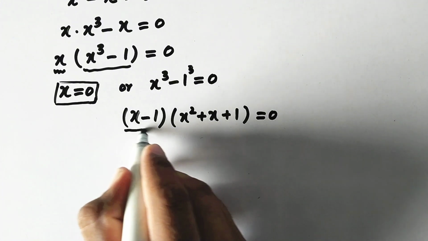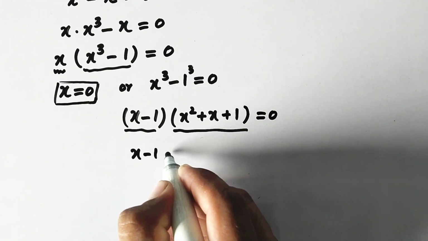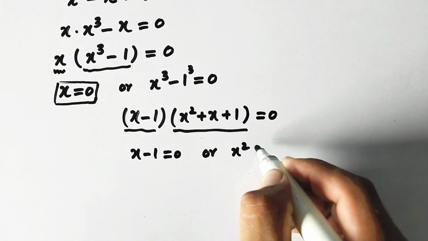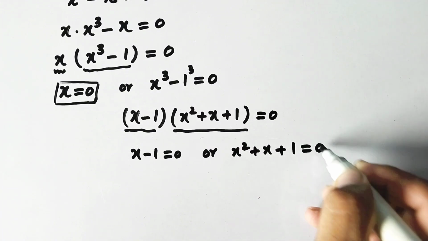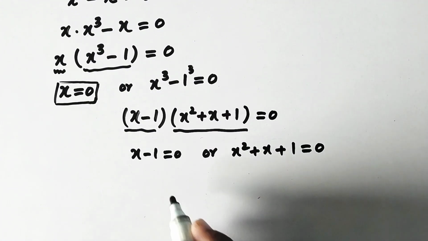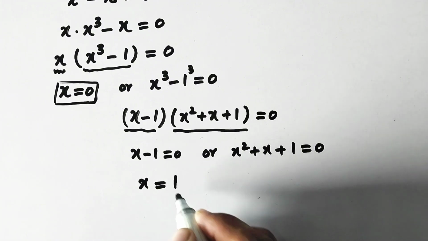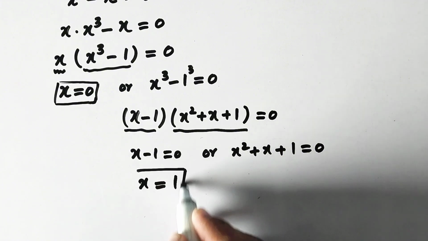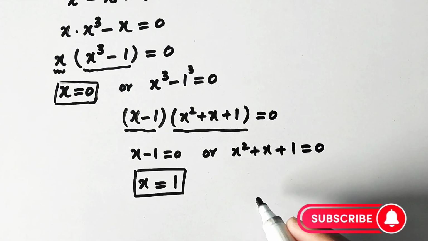Here again we are getting two factors. So here is x minus 1 equal to 0 or x square plus x plus 1 equal to 0. From here x is equal to positive 1, and here we have gotten the second root of x.